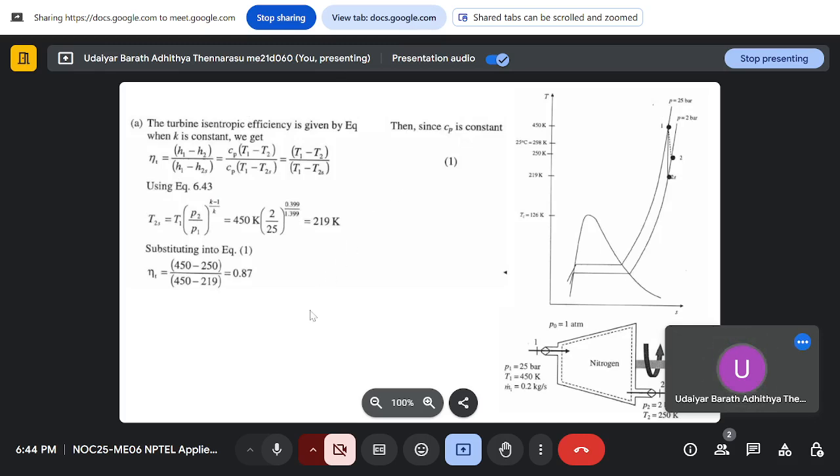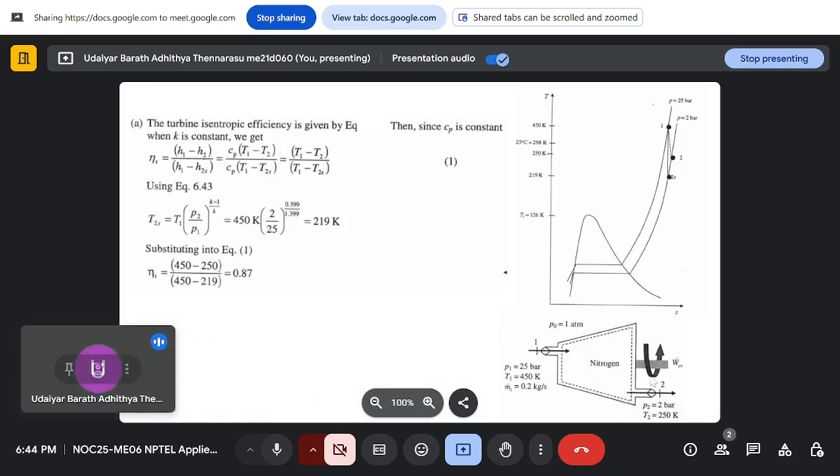If we see, this is how the process looks. This is the turbine. Inlet is at 25 bar and 450 Kelvin, and mass flow rate is 0.2 kg per second, and my exit is at 2 bar and 250 Kelvin, and I am getting work output. In a T-S diagram, initially I am at state 1 here, and if I expand it isentropically, I will reach state 2s.